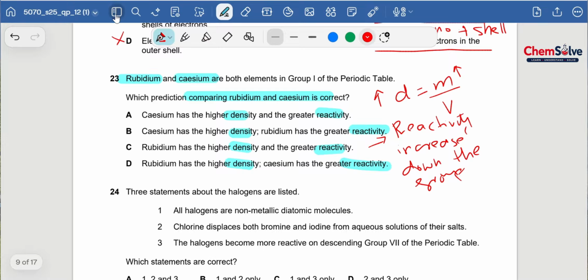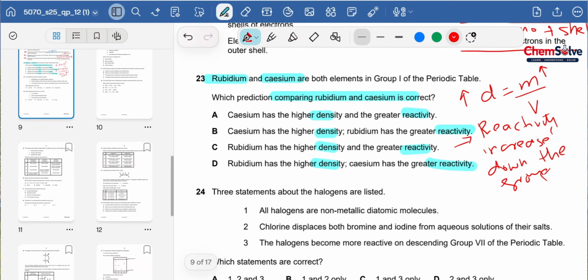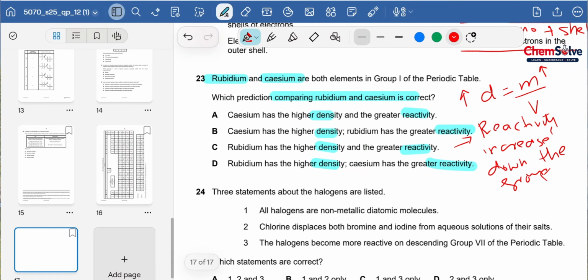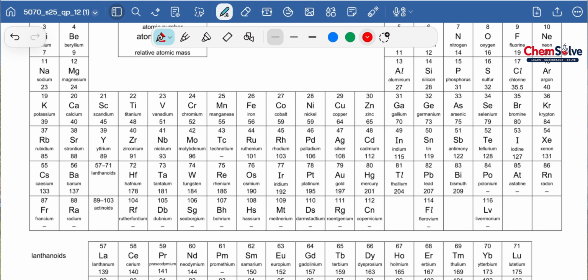Keeping this in mind, just look at the periodic table. We have to talk about rubidium and cesium. You can see here is the rubidium and here is the cesium.